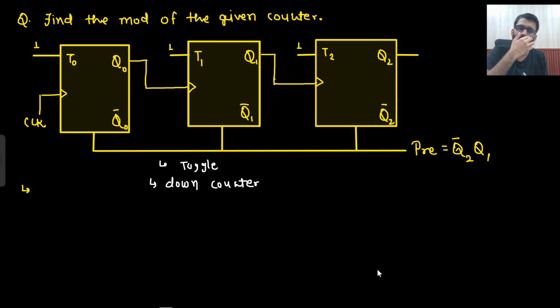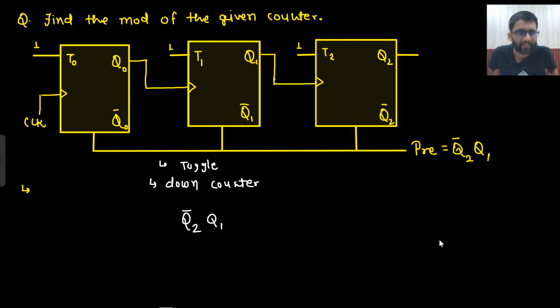Preset input is there, which is Q2 bar and Q1. And you don't know whether it is starting from active high or active low, whether it is starting from 1111 or 000 or some random value. What do you think where it is starting from?